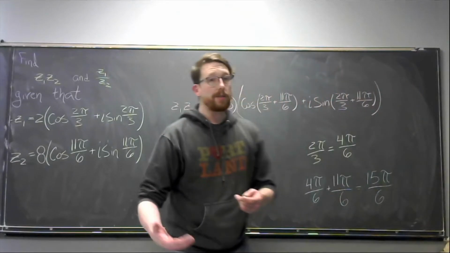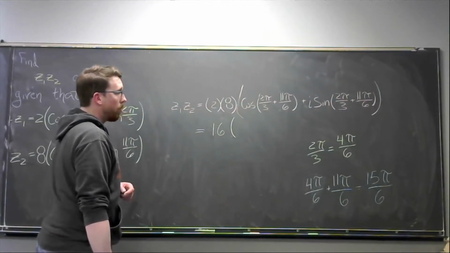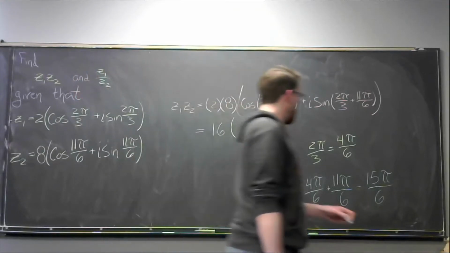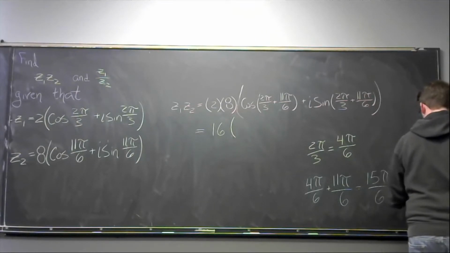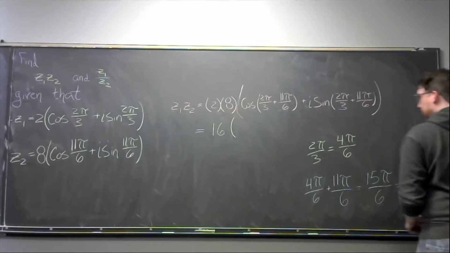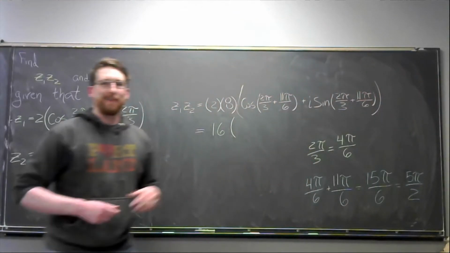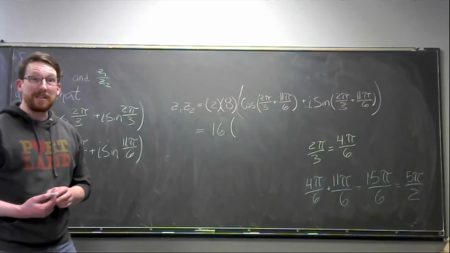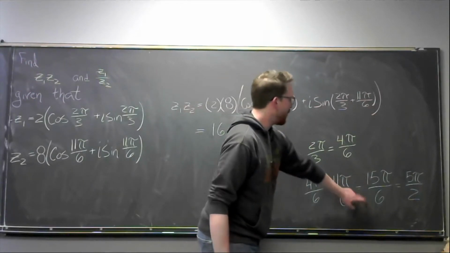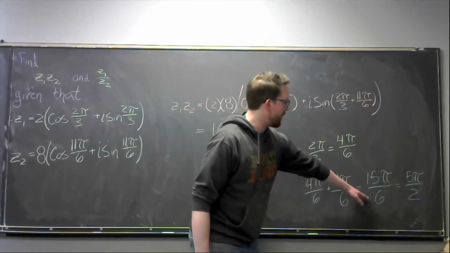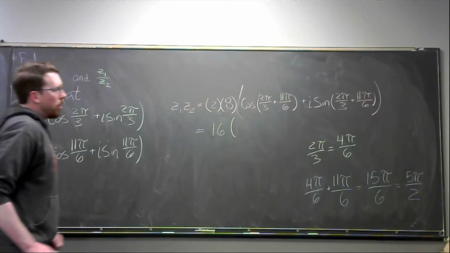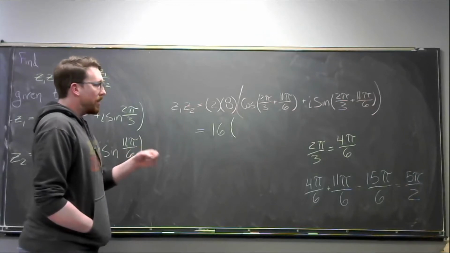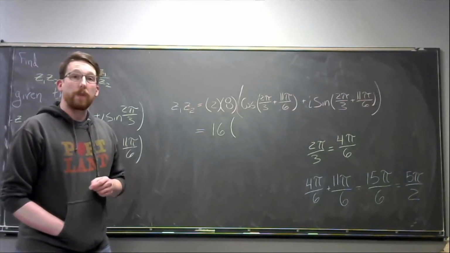Well, we can reduce this. So what we do, we're going to get 3 pi, my mistake, 5 pi over 2. Thinking about dividing by 3 and not doing the rest of the math. So we just reduced this, right? Because 15 and 6 are both divisible by 3. We get that 4 pi over 6 plus 11 pi over 6 is equal to 5 pi over 2.